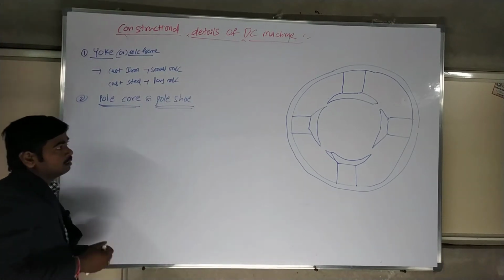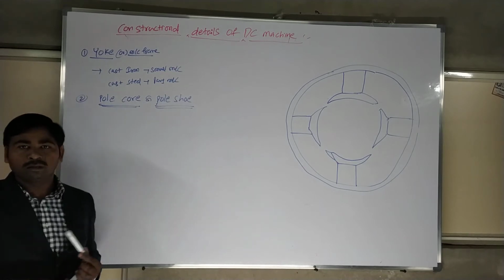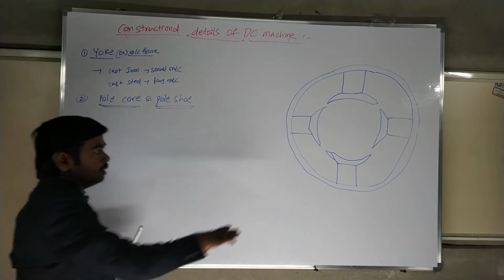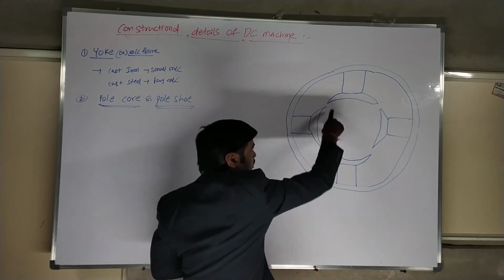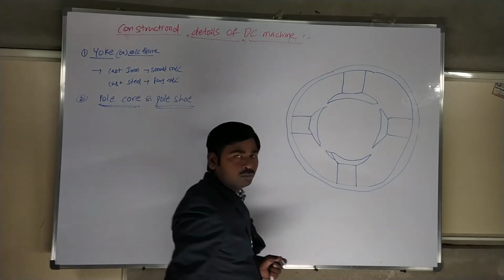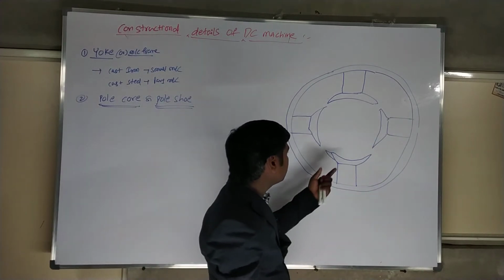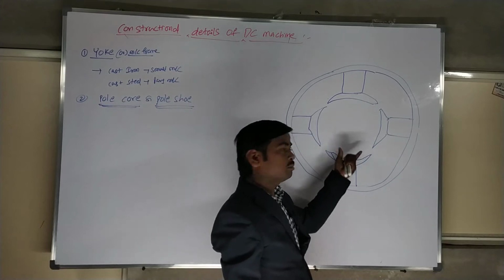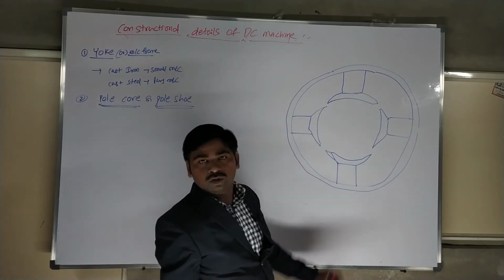Next, the pole core and pole shoe should be laminated. The purpose of this lamination is to reduce the eddy current losses. Also, sparking takes place throughout the armature, and lamination reduces short circuits inside the armature, so that is also on the safe side.